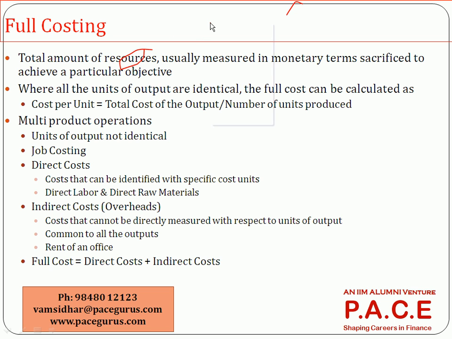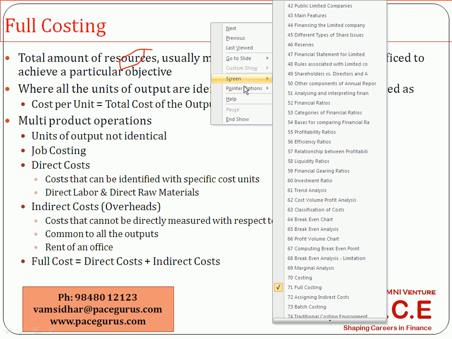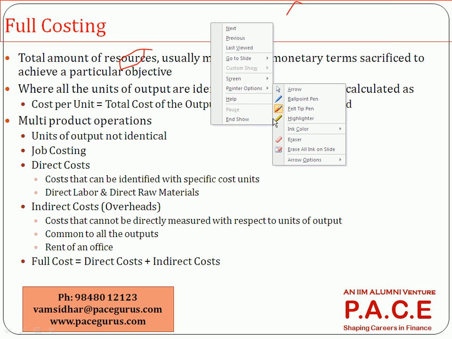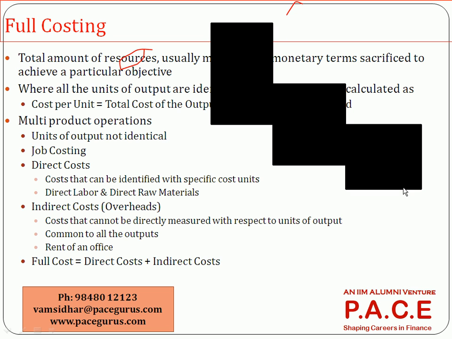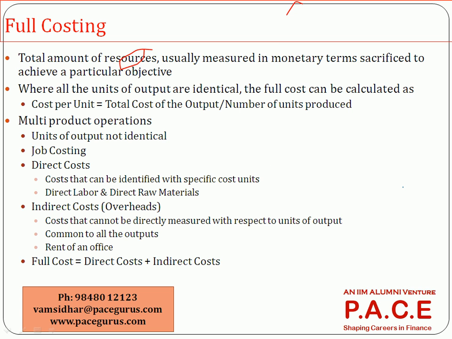I may be using some people to achieve a particular objective, or I could have used some systems kind of resources, or some natural resources. Whatever the various resources that I have used, which means I have sacrificed monetary terms corresponding to those resources, I am calling that the full cost that is attributable to my particular product, or to my particular venture, or my particular business, whatever it is.